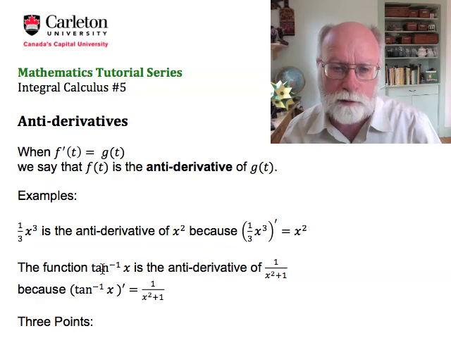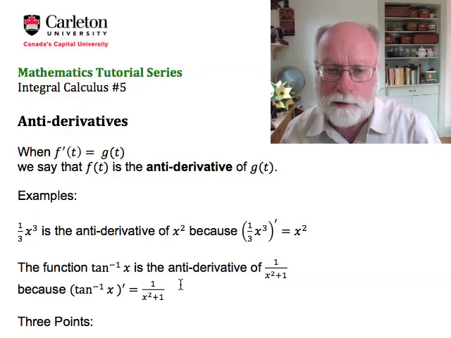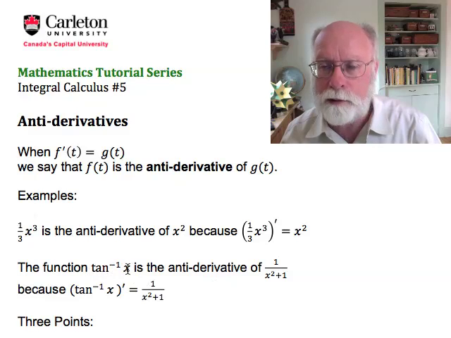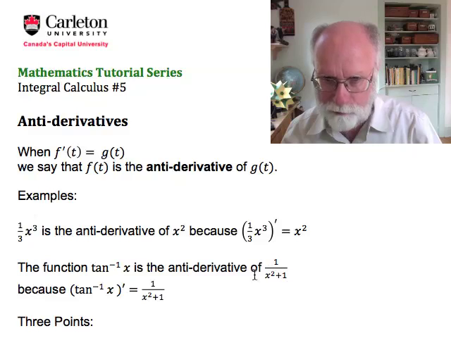The function tan inverse, or arctan of x, is the antiderivative of 1 over x squared plus 1. And that's because 1 over x squared plus 1 is the derivative of tan inverse of x. And this is a good illustration of why we went through the process of evaluating the derivatives of the inverse tan functions. We need them because they are the antiderivatives of these simple algebraic expressions.